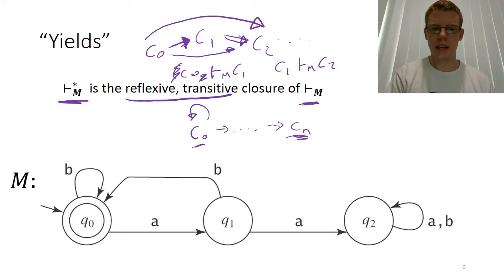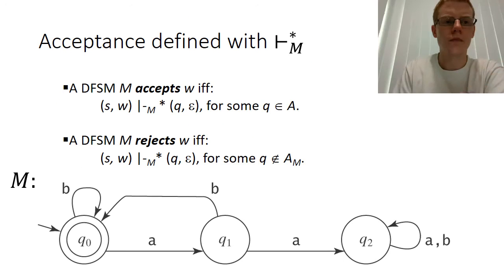Now you can see that if we have any pair of configurations related by yields, then it is possible to move from one configuration to another in that machine. And that will be useful for defining the acceptance conditions, which I'll do on the next slide.